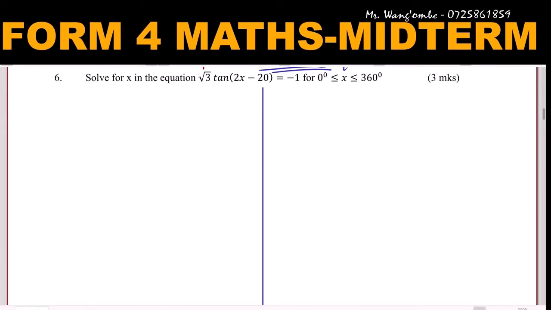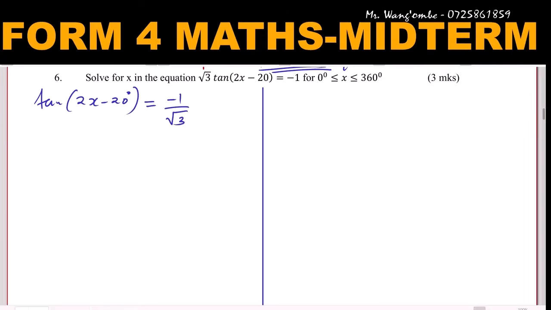So we'll begin by dividing both sides of this equation by √3. On the left hand side, you'll be left with tan(2x − 20°) equals −1 divided by √3. Then the next step, we want to eliminate the tangent on the left hand side, so we obtain the tan inverse from both sides.